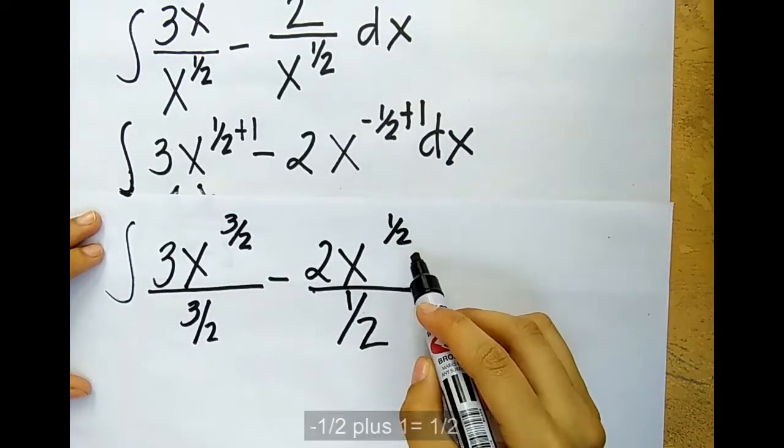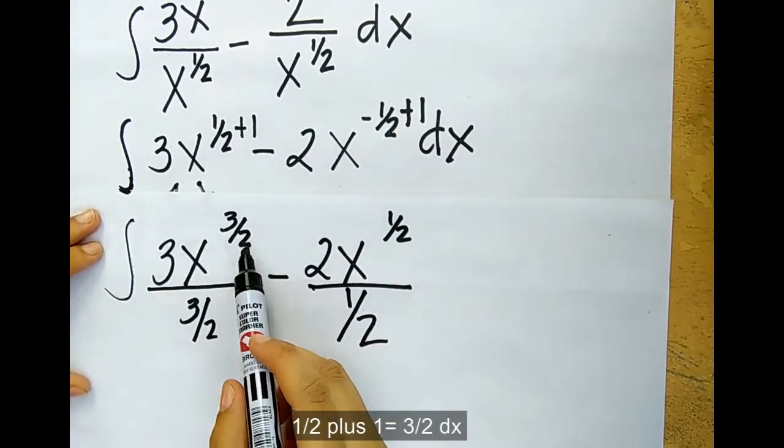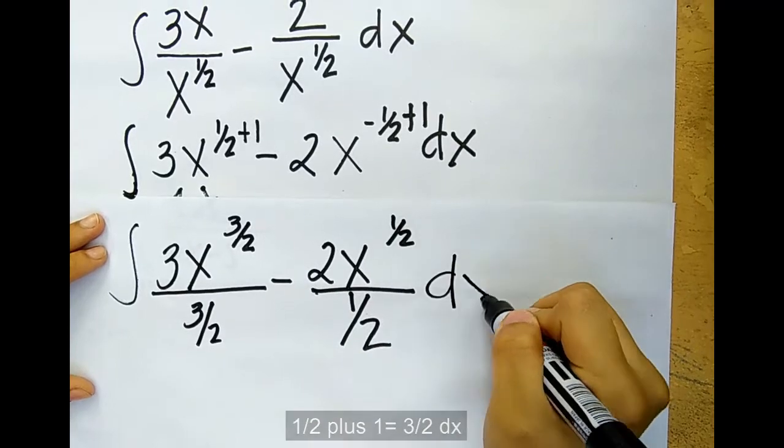Negative 1/2 plus 1 is 1/2, and 1/2 plus 1 is 3/2.